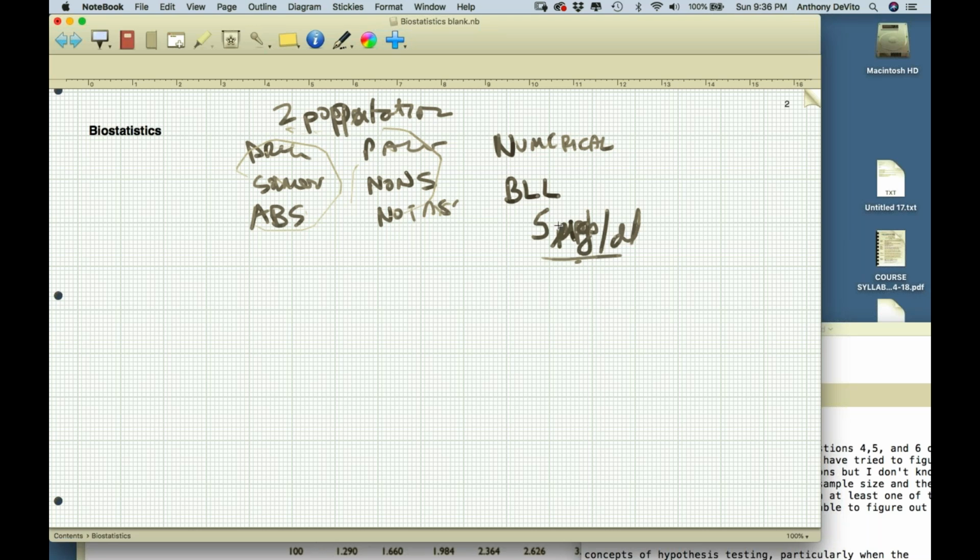So let's say I want to compare a population to the CDC's action level for blood lead levels for children.